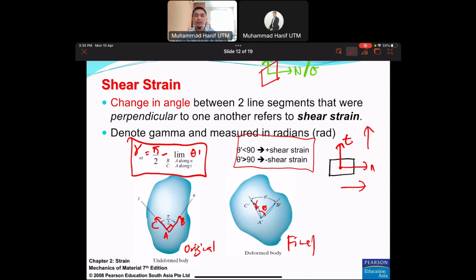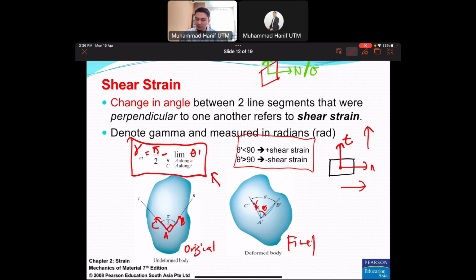One more thing: not in all cases do you have to use this equation to find the shear strain. If you have a different case scenario, not necessarily use this equation. I will explain a bit about this later in the example too, because you have to understand the changes.